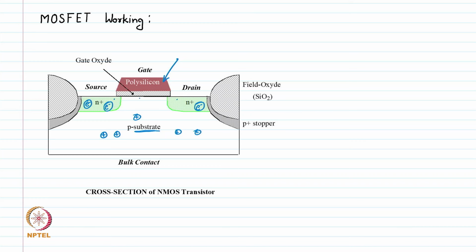However, there is no path below the gate oxide where this current can flow. So in the normal state where we are not applying any voltage, there is no charge carrier which can flow from source to drain, so there is no current. So initially at zero bias there is no current.